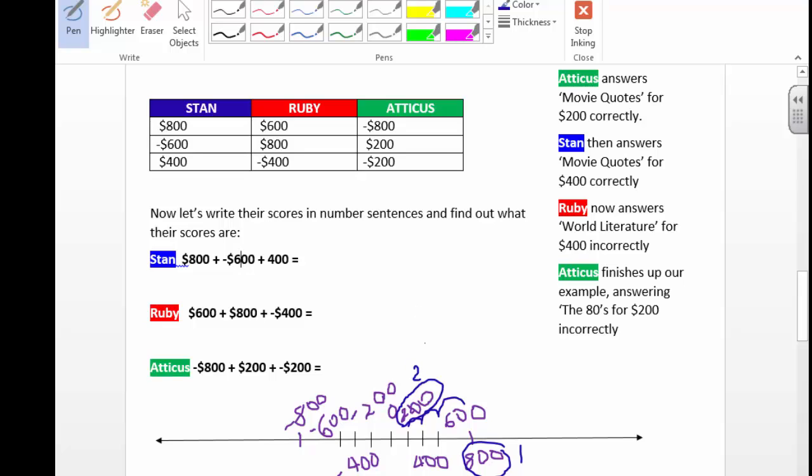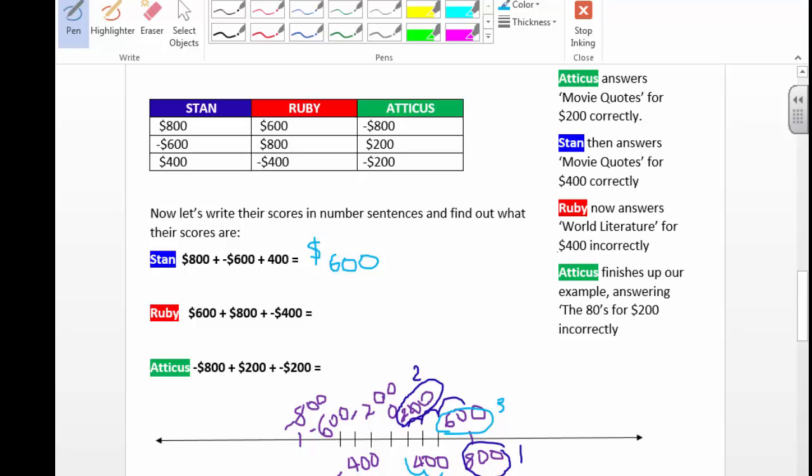Now, he has a positive 400, so we're going to move back to the right. So we're going to start here at 200, and then 400. So there's 200, so that gets us to 400, and then 200 more gets us to 600. So Stan's final score is $600. So remember, we're moving to the right if it's positive, and we move to the left if it's negative.